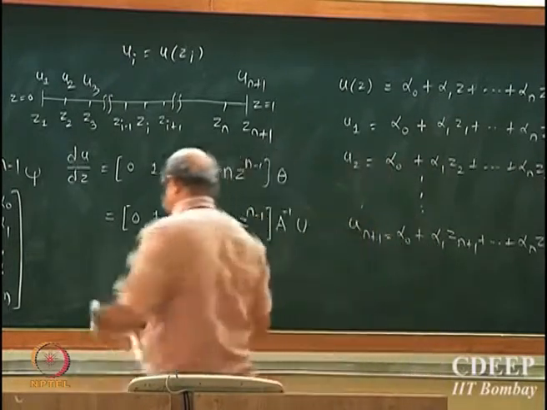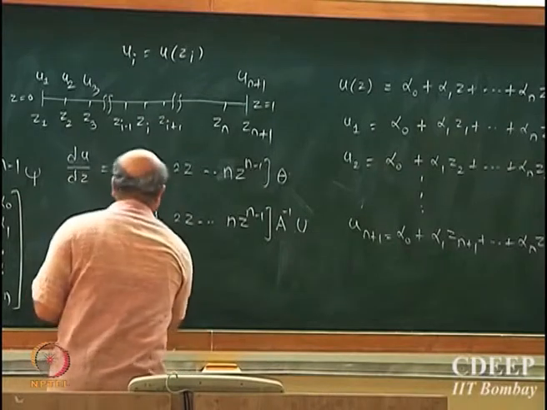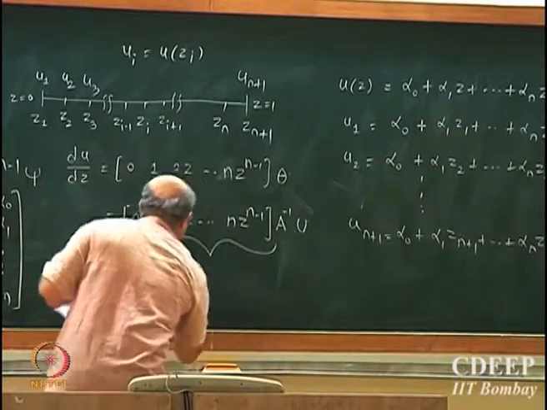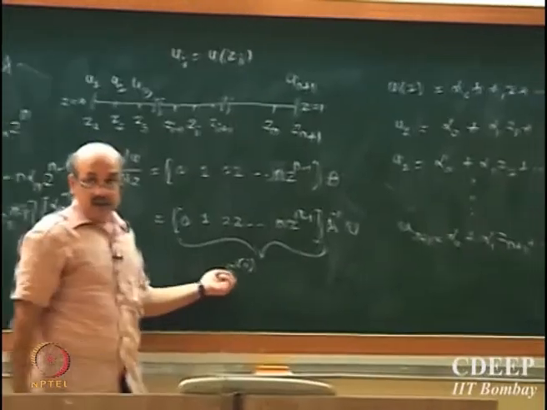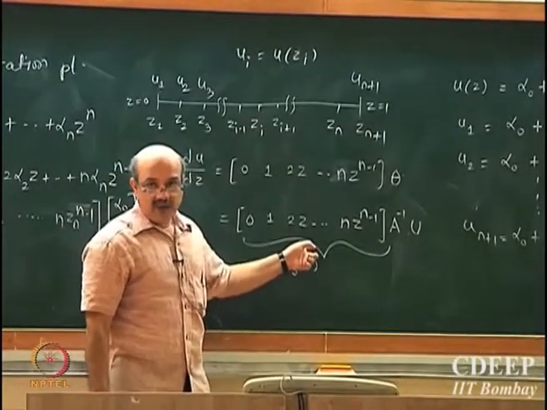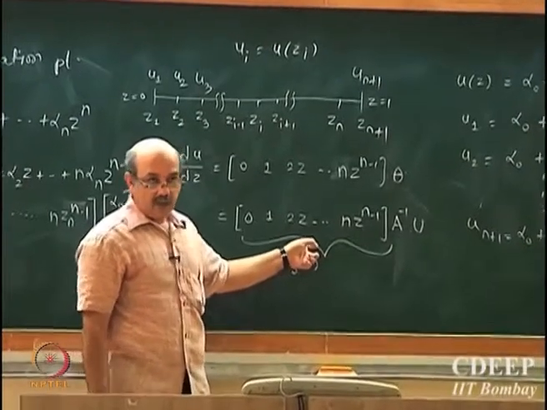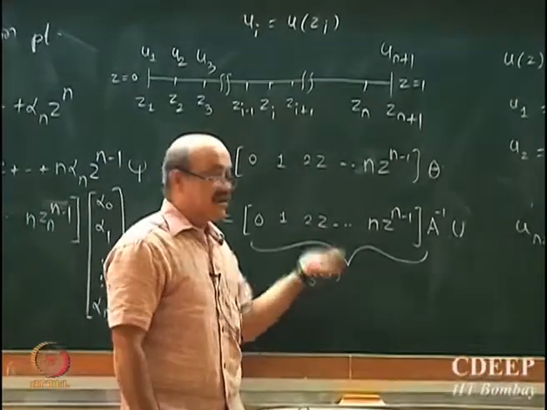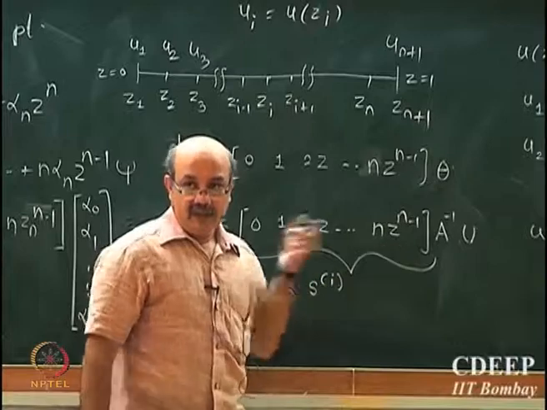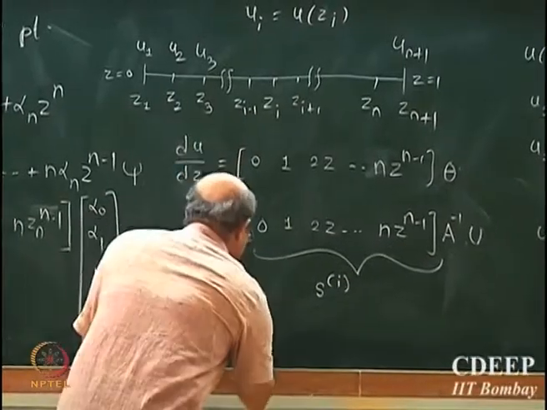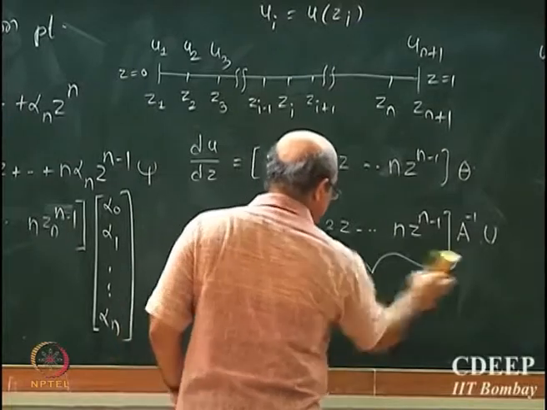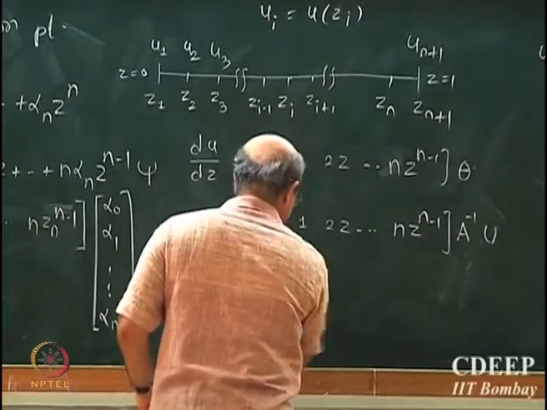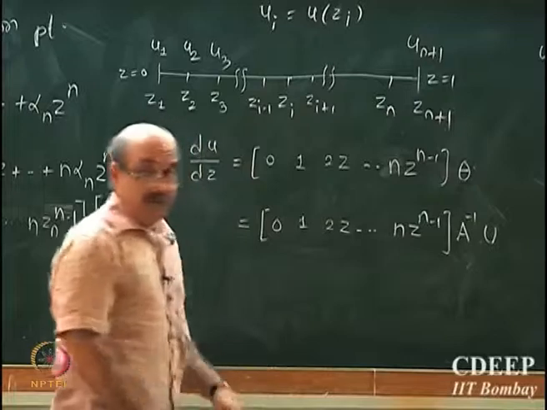I am going to call this row vector Si. Si is the row vector associated with the ith collocation point. Okay, one minute, there is one more step in between.